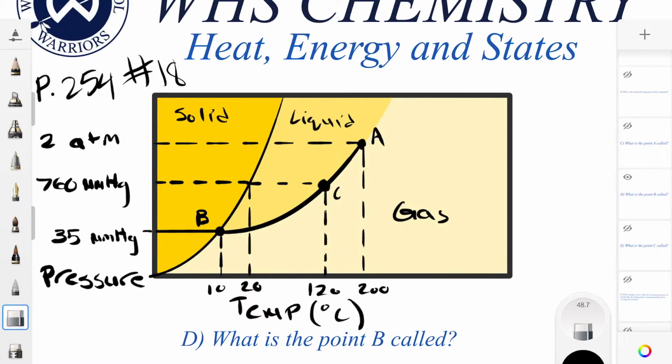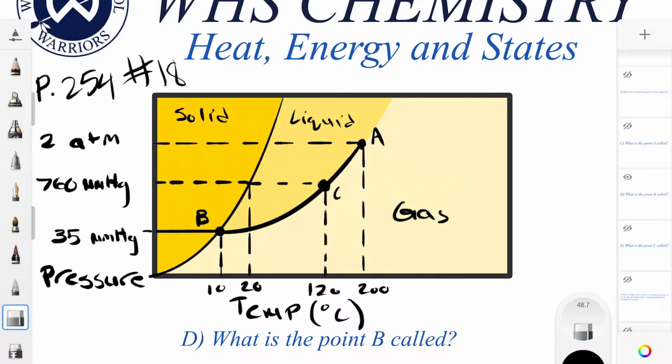The next part of the question asks what point B is called. Now, point B is a unique point on this diagram because it is not specifically in one region, but rather it touches all three. So this point is known as the triple point.